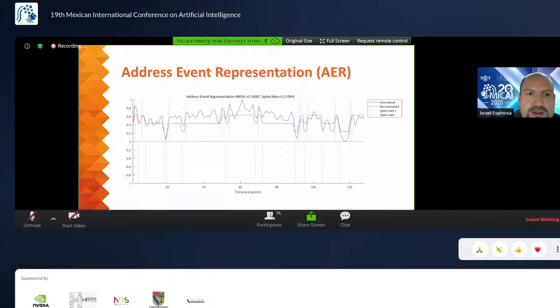As you can see, instead of having 128 points of information, like real numbers, we only need to process a few events, either positive or negative. So in some way, we can say that we compress that information, right? Maybe now we can see a little bit of the advantages of working with spiking neural networks. They can process a big amount of information, but in a very, very efficient way.